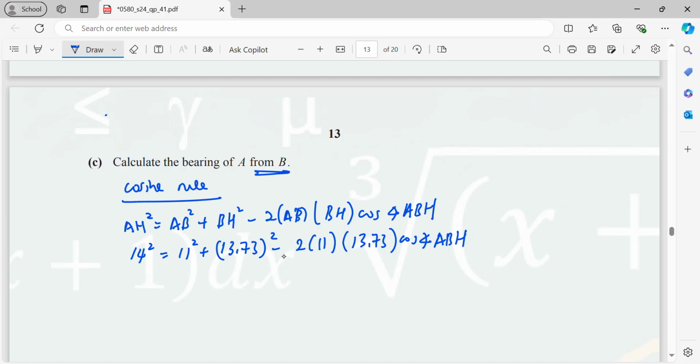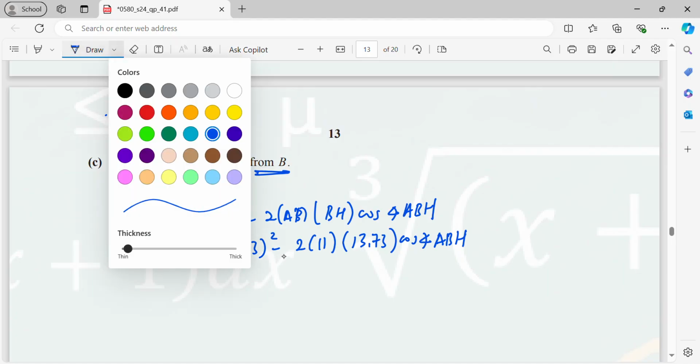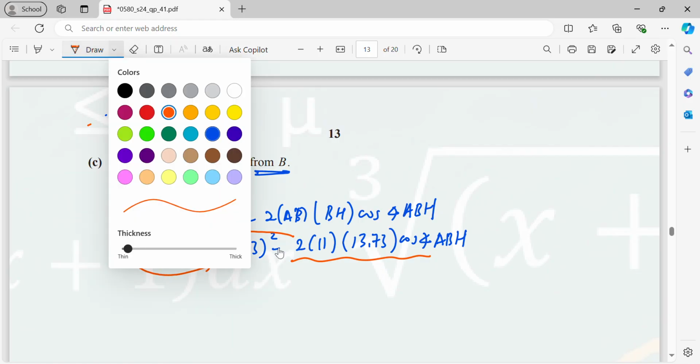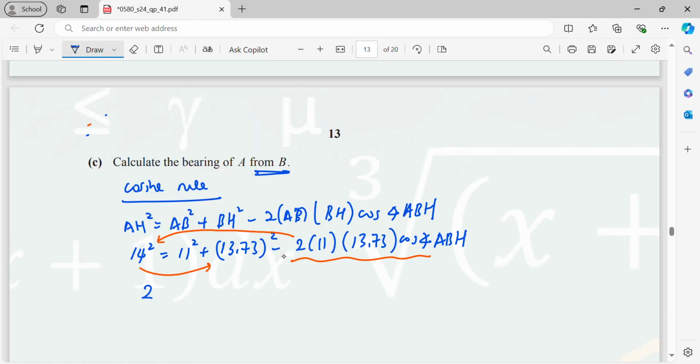Now, to get the angle, I will move all these terms to the left side and 14 move to the right side. So 2 times 11 times 13.73 cos angle equals 11 squared plus 13.73 squared minus 14 squared. And then now these constants, I can just move down.